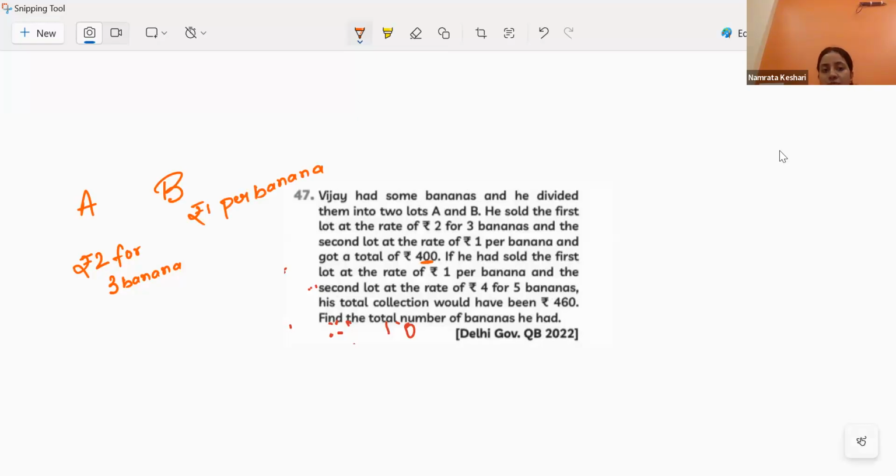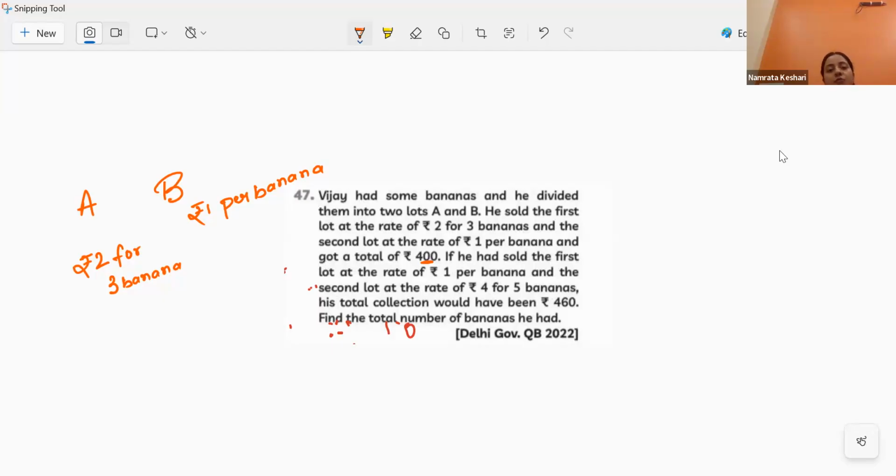Now we don't know what to assume so far. Another condition is again given: if he sold the first lot at this price and the second at this price, his total collection will be this. Find the total number of bananas he had.